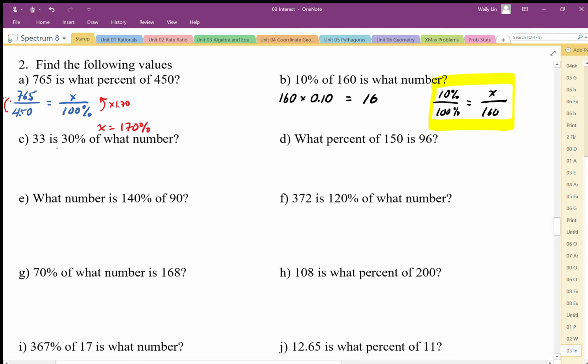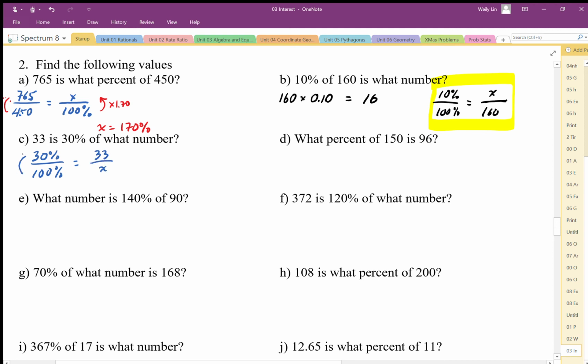So 33 is 30% of a number. Now 33 represents the part, 30% is the part. I'm not really confident with this one, so I'm just going to make sure I put it into its ratio. I think I'm going to divide by 30%, but I'm not positive. So I have 33.